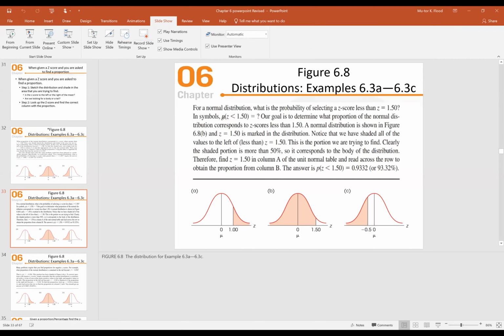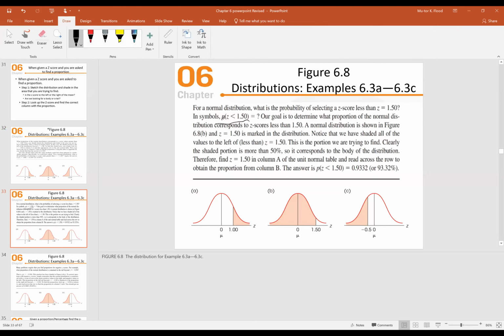That's how this would look in symbols. Our goal is to determine the proportion of the normal distribution that corresponds to z-scores less than 1.5. A normal distribution shown right here has a z-score of 1.5.